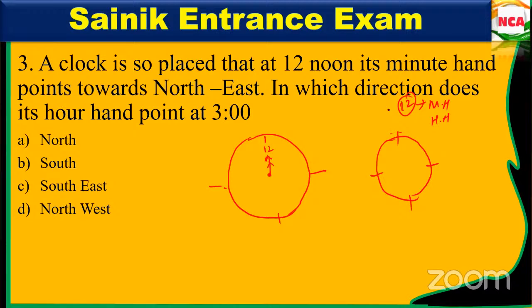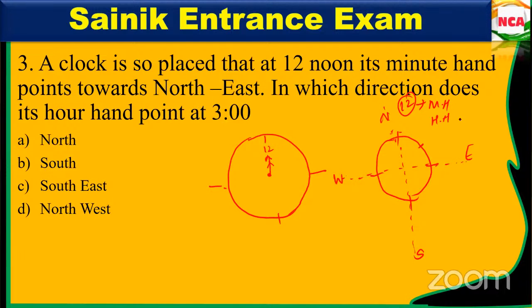So they are saying at 12 noon, its minute hand points towards northeast. So northeast is this direction only, no? Yes, ma'am. So I am drawing the dotted lines. This is north, this is south, east, and west.